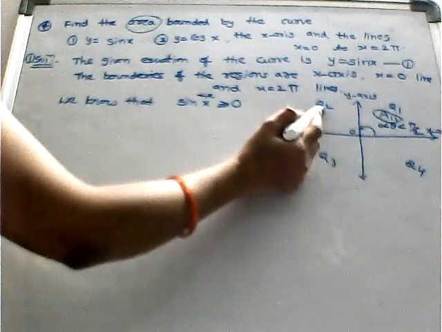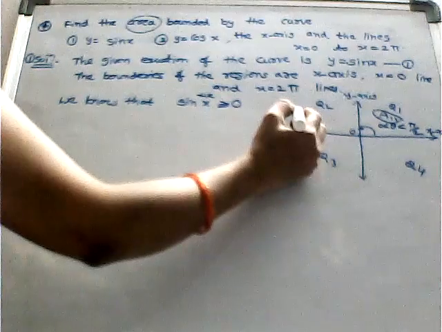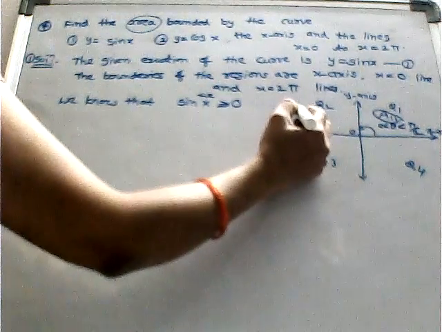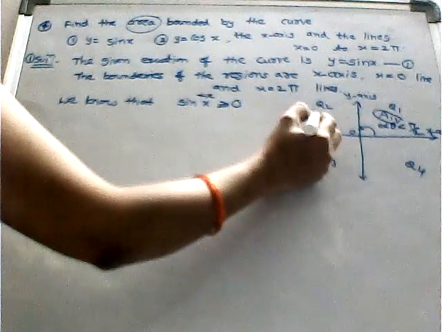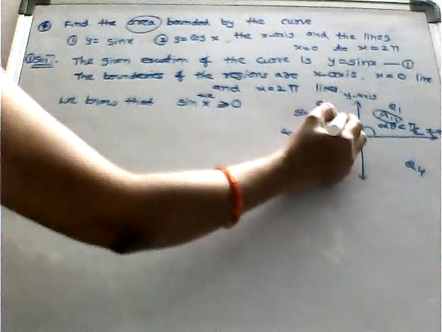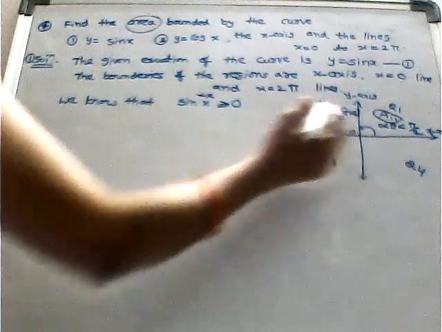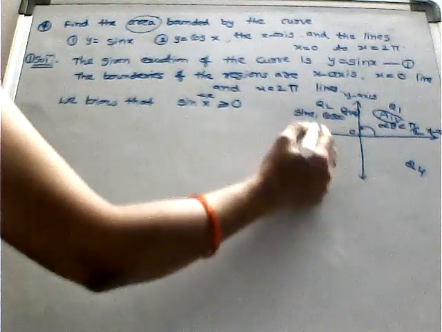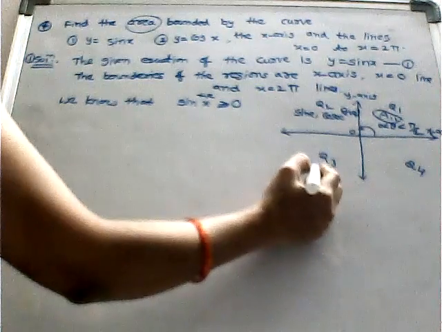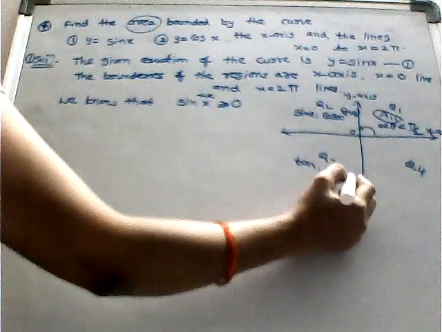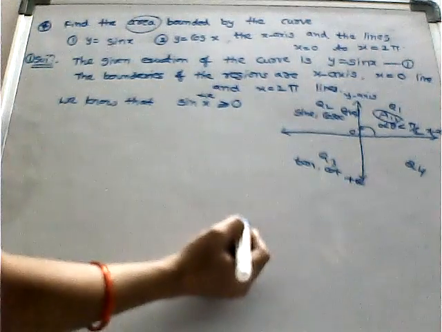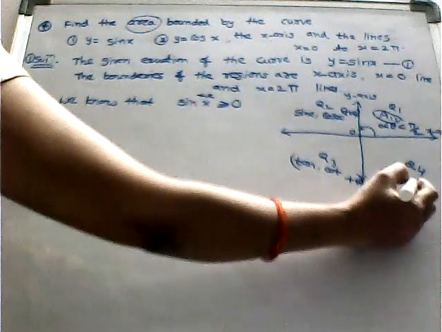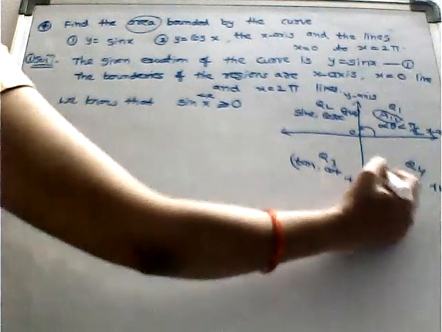Next, in the Q2 quadrant, only sine and cosec functions are positive, remaining are negative. In the Q3 quadrant, tan and cot functions are positive, remaining are negative. In the Q4 quadrant, cos and secant functions are positive, remaining are negative.